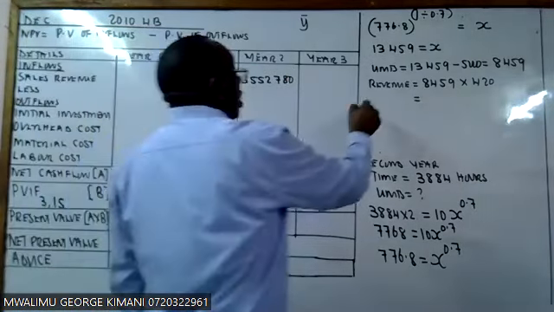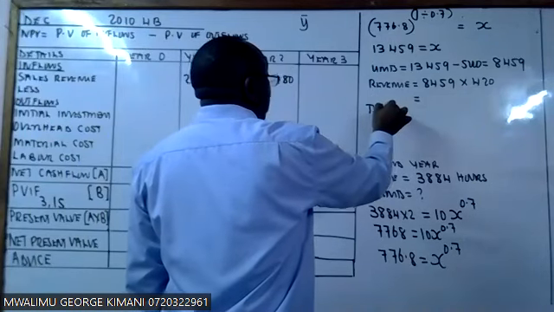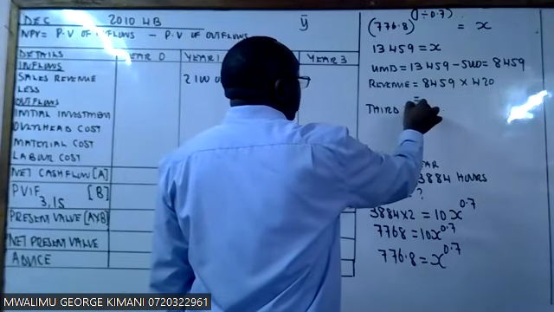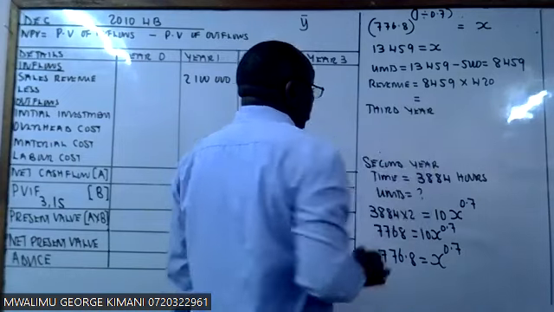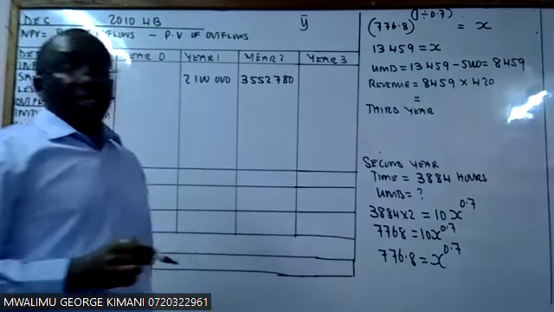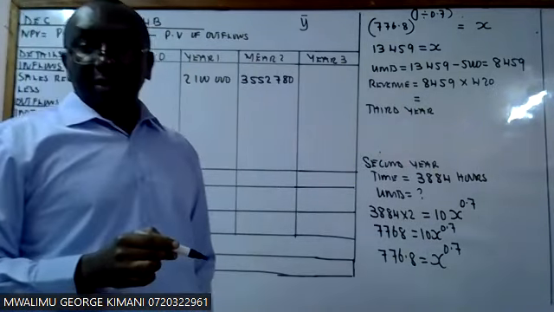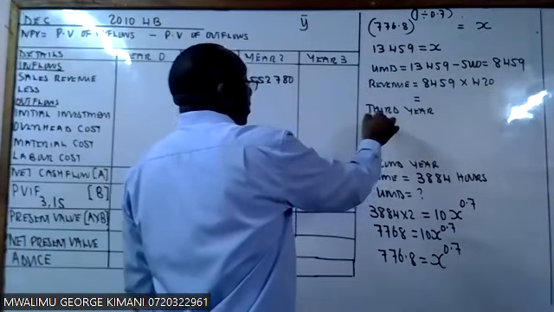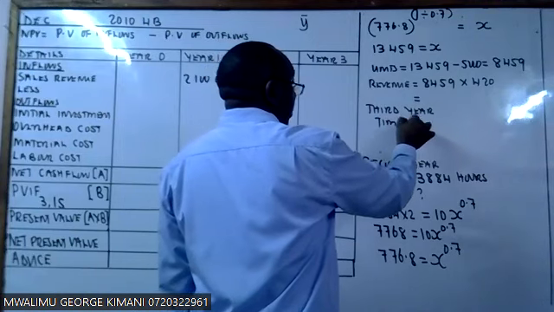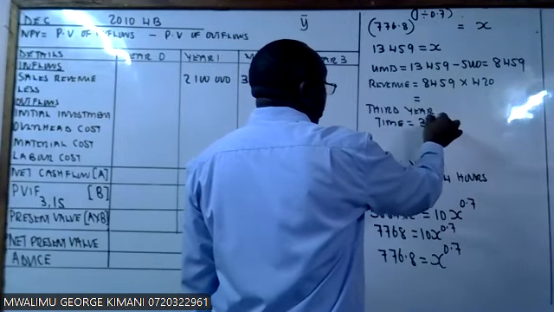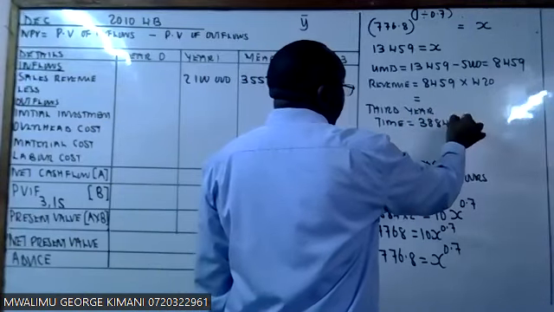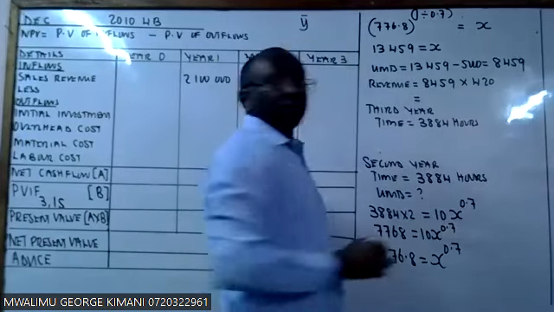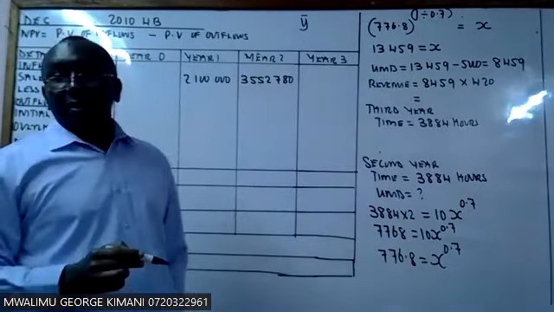So we go to the third year based on the same arguments. Our time that is available in the third year is still 38.84 hours.